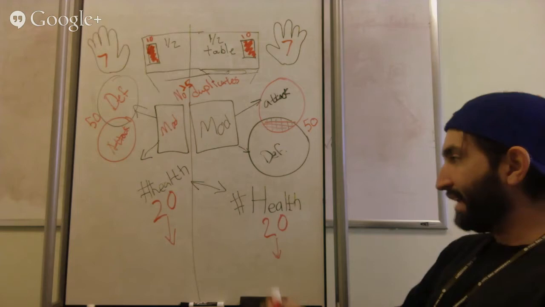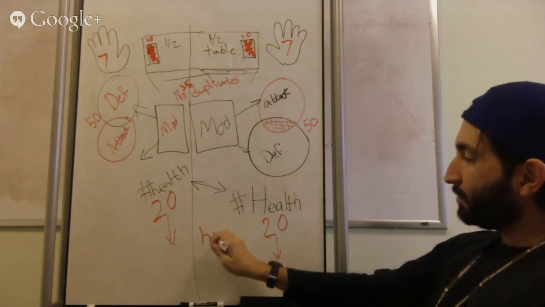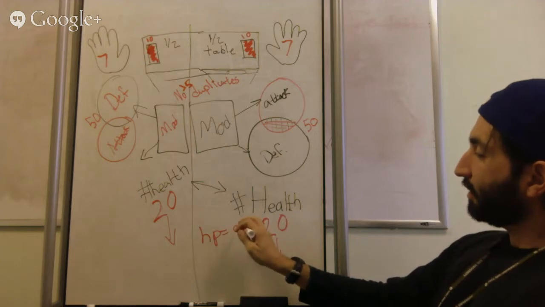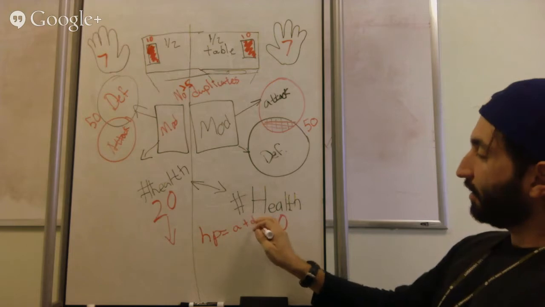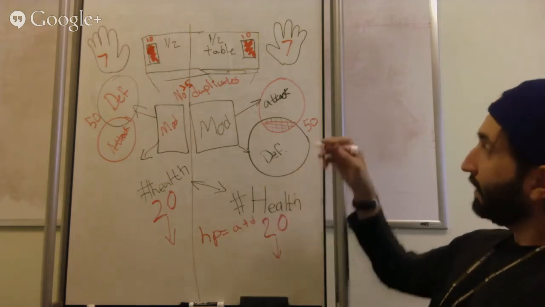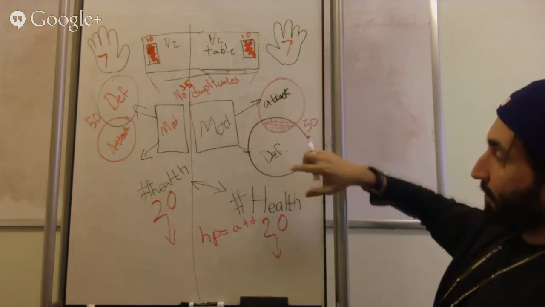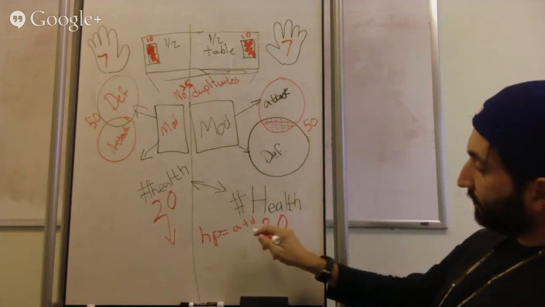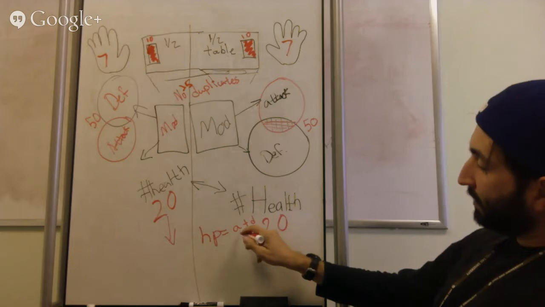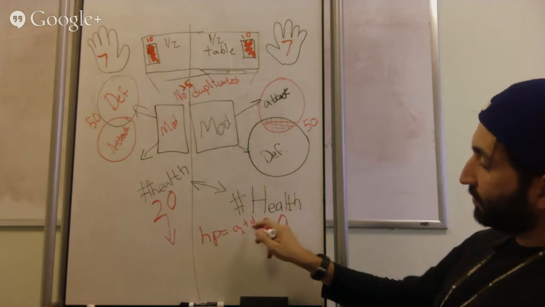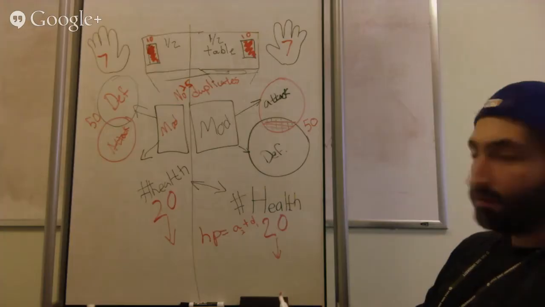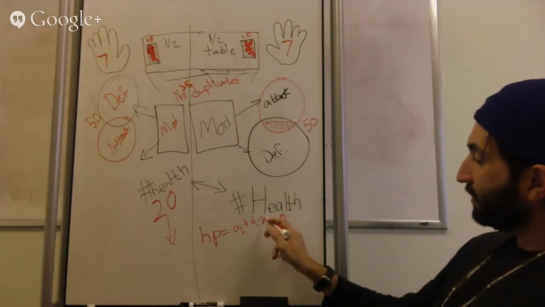So in other words, in my turn, HP equals attack card plus defense card, their attack card plus my defense card. Actually, it would be attack sub 2, defense card sub 1, plus the modifier.